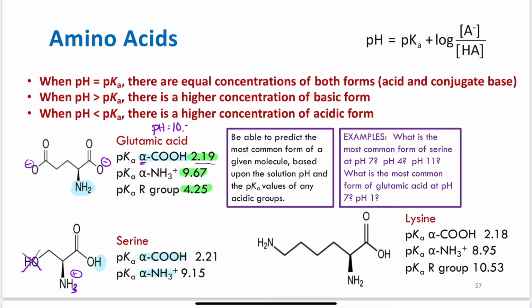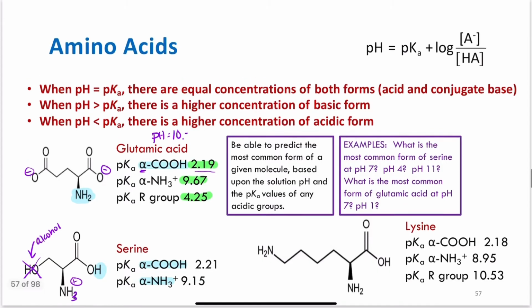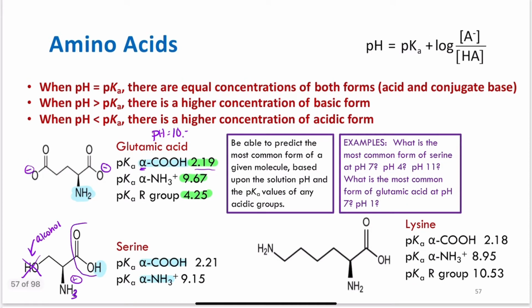Stop this. This is an alcohol. That cannot lose its proton. Not like this. It's not an acid. This is an acid. This is a carboxylic acid. Here is an amine. Those are what are going to gain and lose protons, not the alcohol.